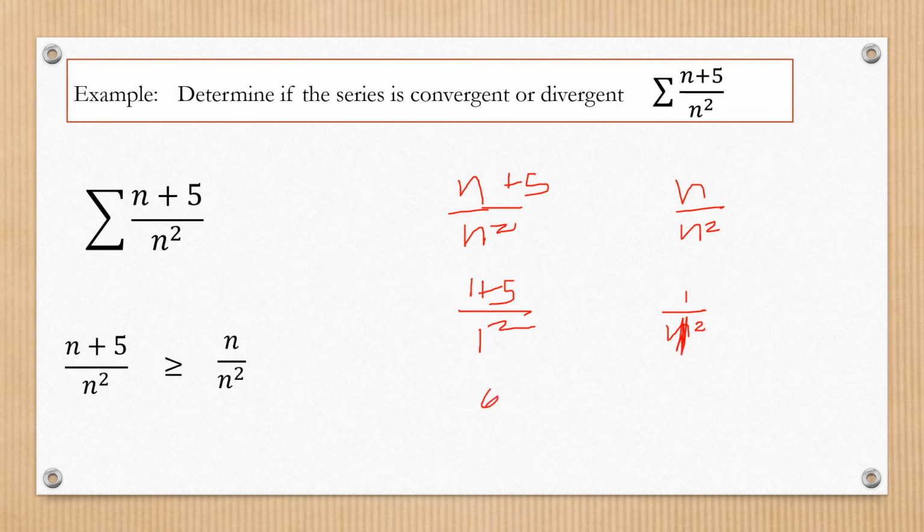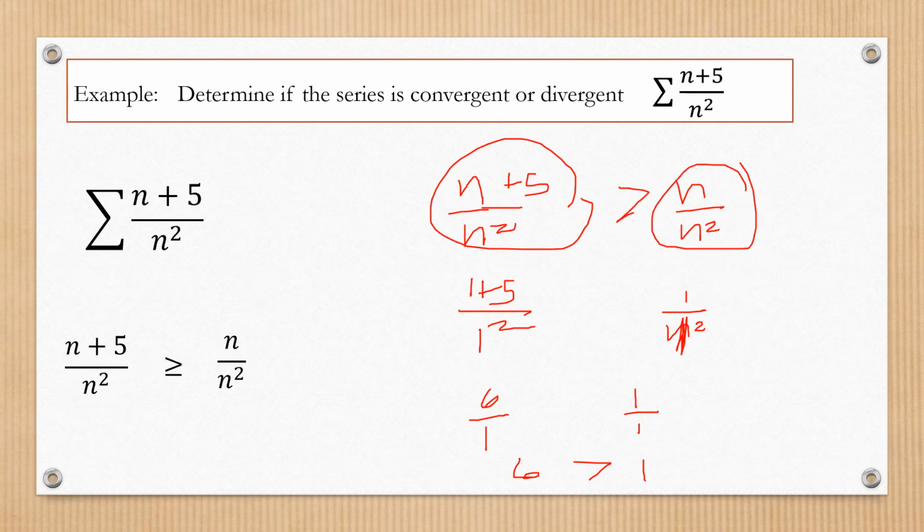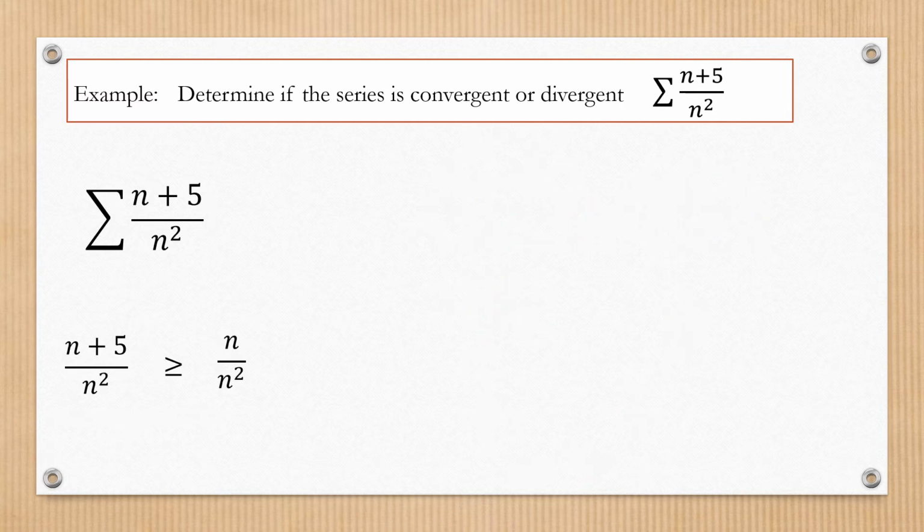So this is 6 over 1, and the other is 1 over 1, so that is 6 and 1. So 6 is greater than 1. This means this one is greater than this one. So this is correct, and that is true for all n. Whatever n we substitute here, this sequence will still be greater than this one.